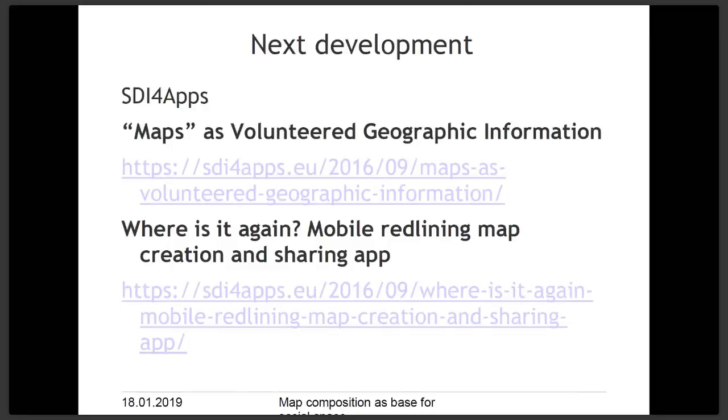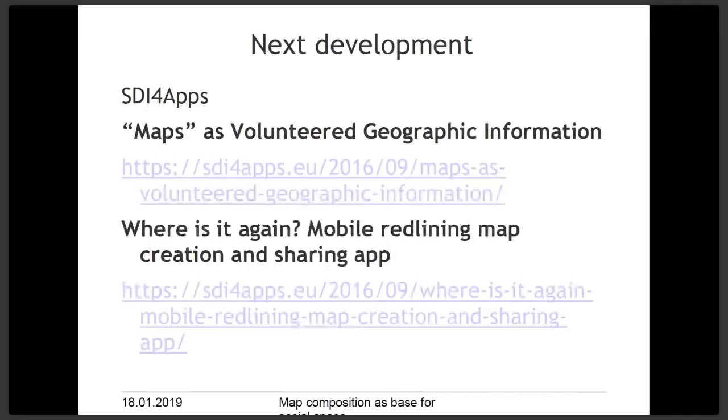I will prepare a map, and I am able to share this map with other people, and they can use it. So we started to change a little the look on voluntary geographic information, and when the presentation is ready, you can go to this link and read some ideas and blogs about this topic.